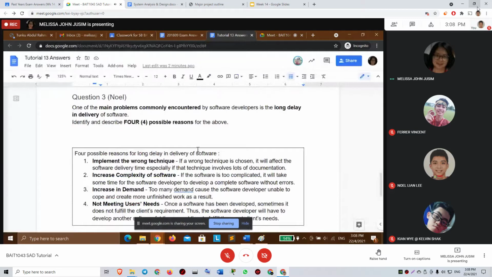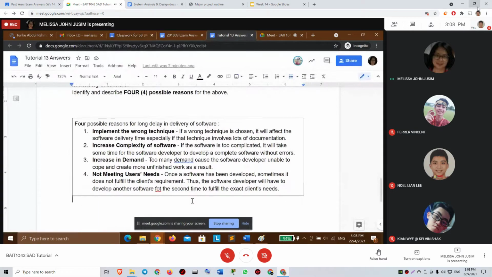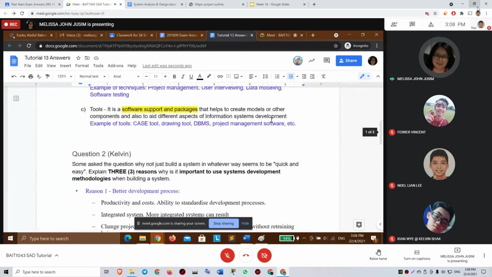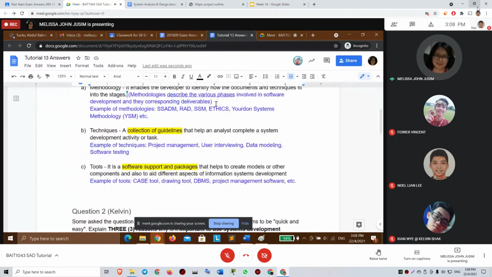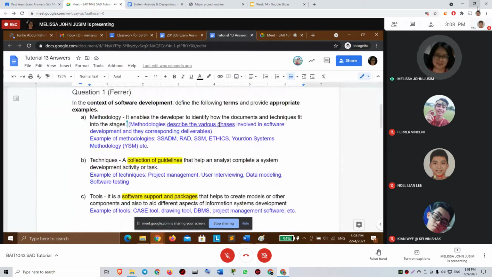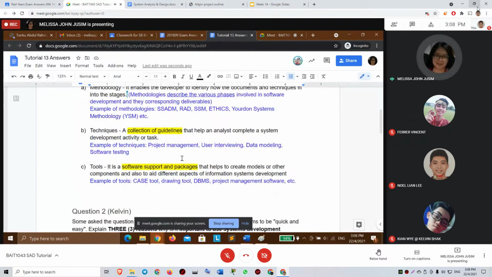Perhaps number 1, perhaps lack in the project management. Remember, in our methodology, not only do we need to know what phases we need to go through, how to do it, and there's a guideline, we also need support that can improve our productivity, and one of them is the project management software.